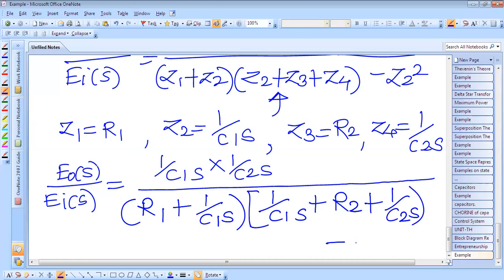What is Z2? Z2 is 1 over C1S square. Okay. So now what we'll do, we'll just solve this further.